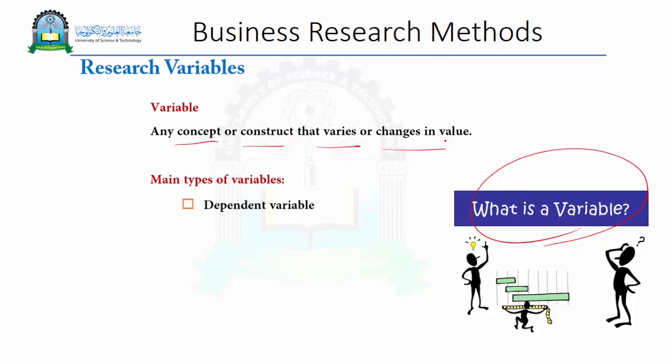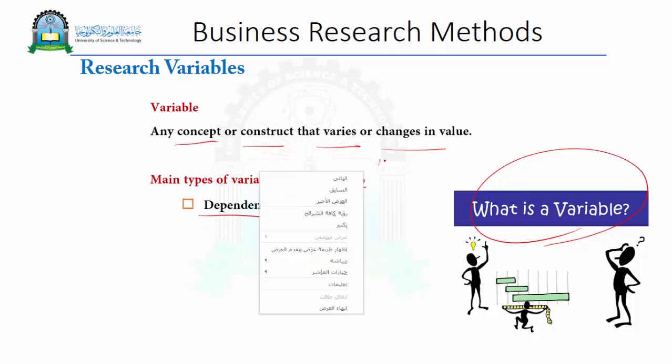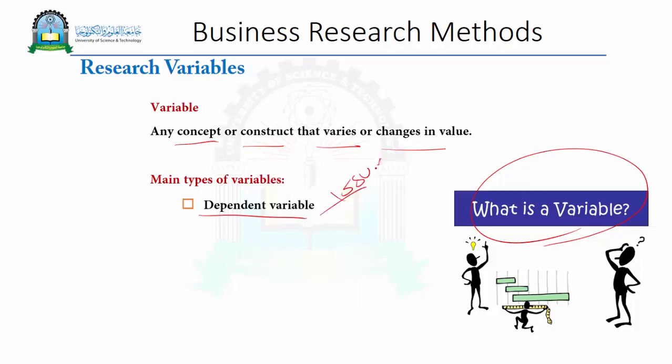The main types of variables, we have 4 main types of variables. The first one is the dependent variable, which is the main issue of any research, which is the output. The second one is the independent variable, which is the cause. So we can say the independent variable is the cause, and the dependent variable is the issue or the effect.